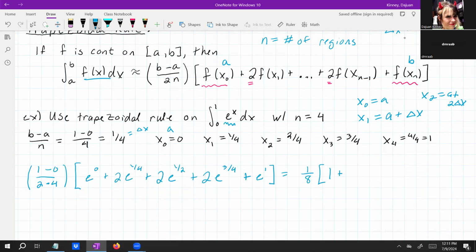Okay, I'm just going to throw this whole bit in my calculator. e to the 0 is 1, plus 2e to the 1/4, plus 2e to the half, plus 2e to the 3/4, plus e to the 1st.